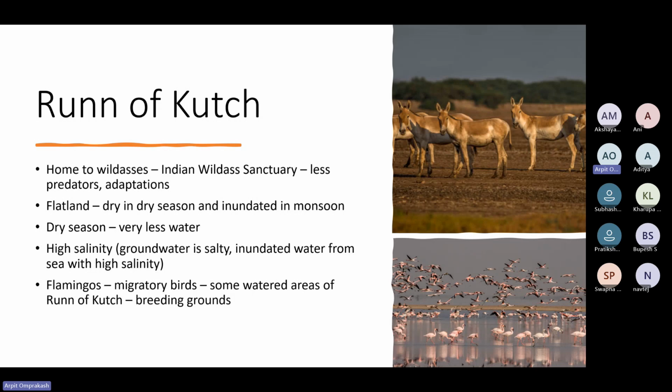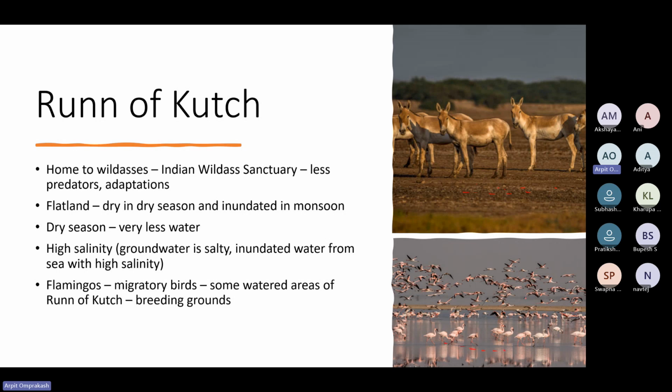One unique habitat that is present in India is the Rann of Kutch, where we have these dry, flat lands that are present during the dry season. And when it rains, they are generally filled with water.